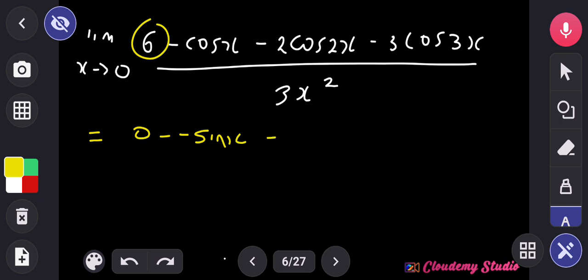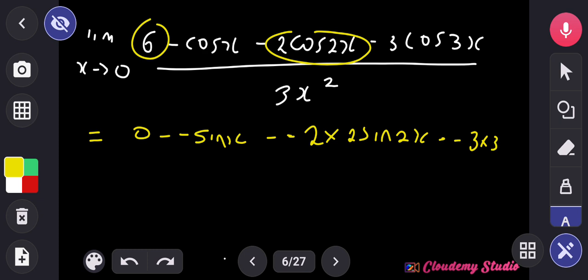Then minus this 2 cos 2x becomes minus 2 multiplied by 2 sine 2x. Then this one becomes minus 3 multiplied by 3 sine 3x.